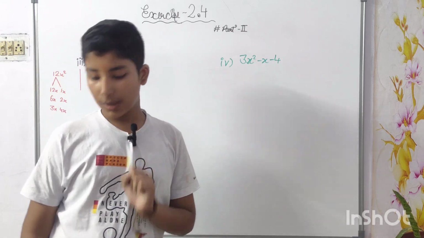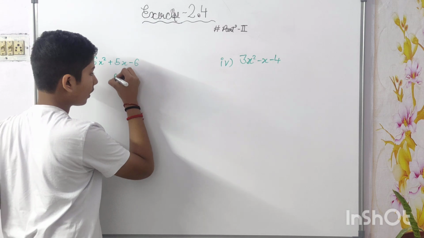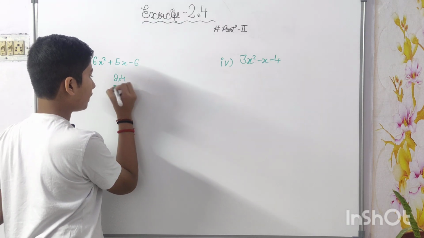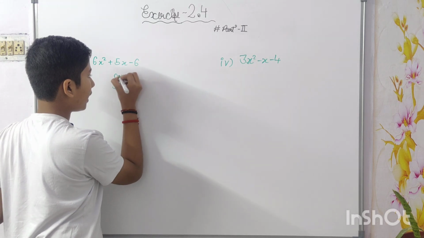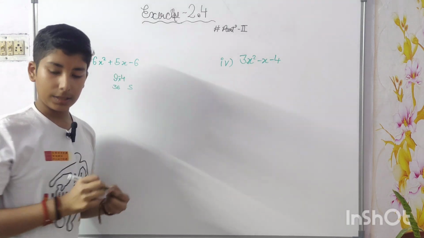So if we try another option, we'll take 9 into 4. So 9 into 4 is 36 and 9 minus 4 is 5. So yes, both of these are getting true.